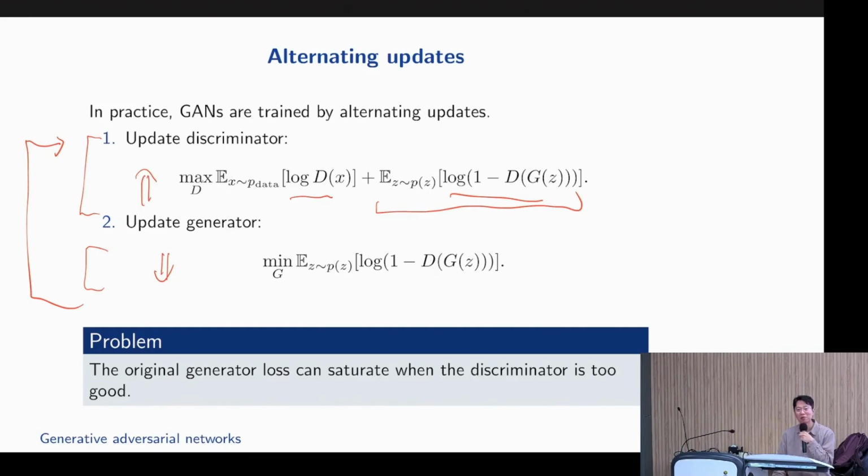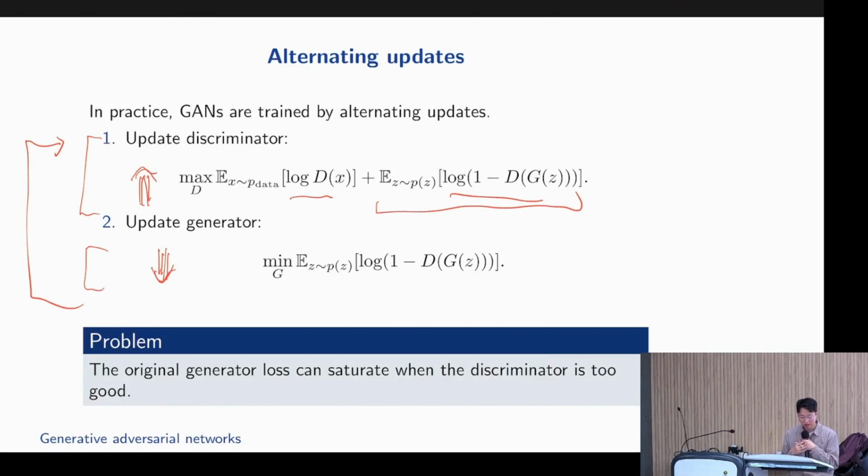But from an optimization perspective, this is a very, very hard problem because it's very easy to get stuck in a local optimum, because this is a minimax objective. You want to do gradient ascent here and gradient descent here. So optimization can be difficult.